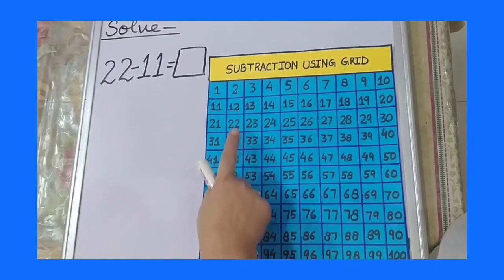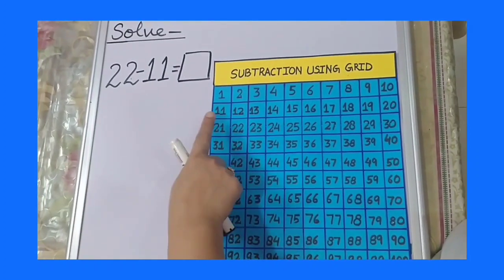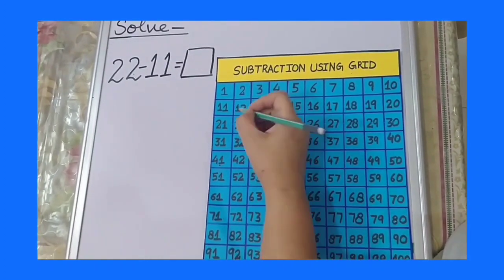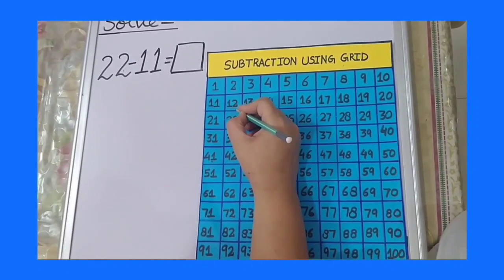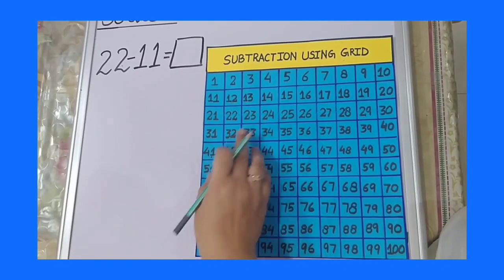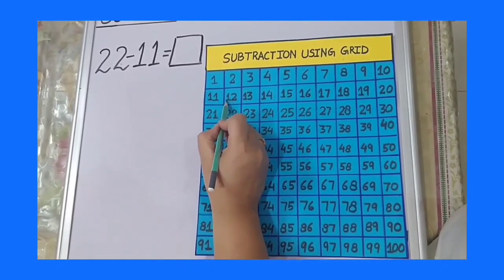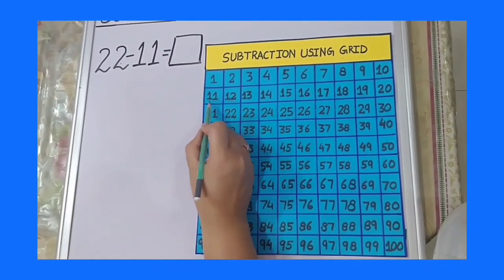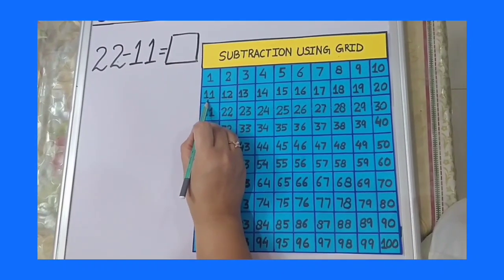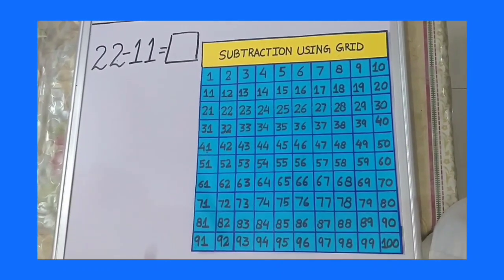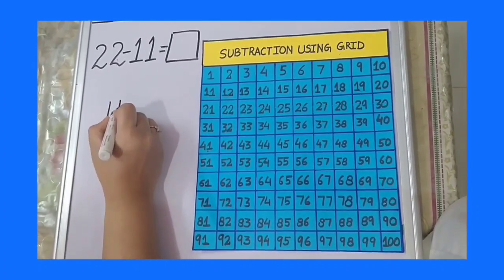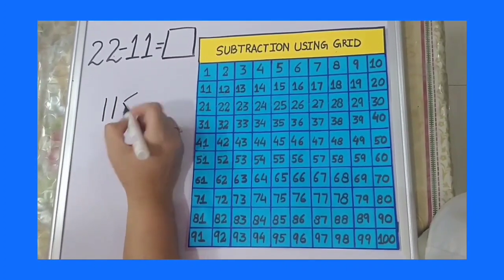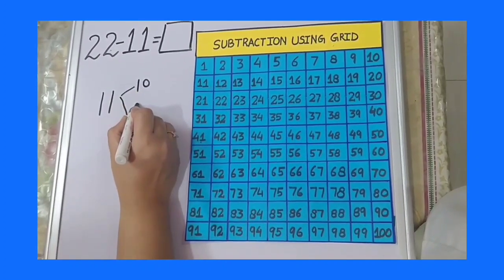So, from 22, if we subtract 10, we have to move 1 row above. So, moving 1 row above, we will reach 12. Then, we will move 1 number backward and we will reach 11. Now, I will explain once again. Let's break 11 into 10 and 1.